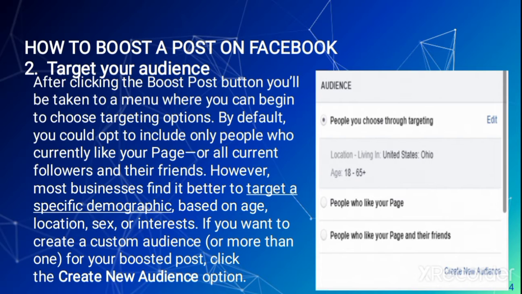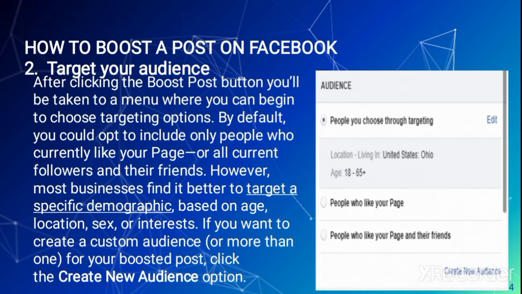By default, you could opt to include only people who like your page, or all current followers and their friends. However, most businesses find it better to target a specific demographic based on age, location, sex, or interest. If you can work on this, it's going to work like magic.